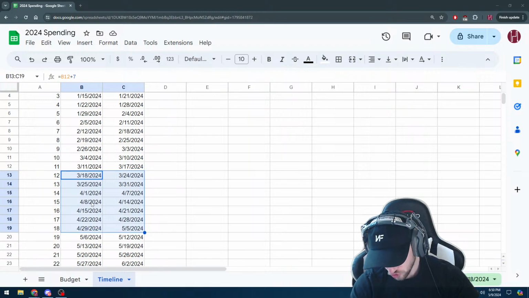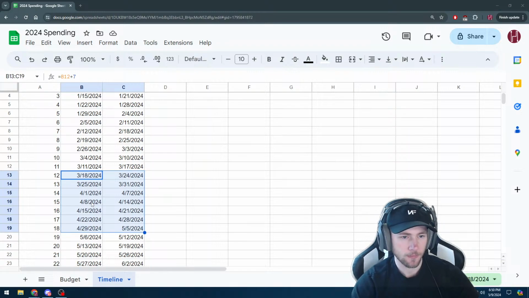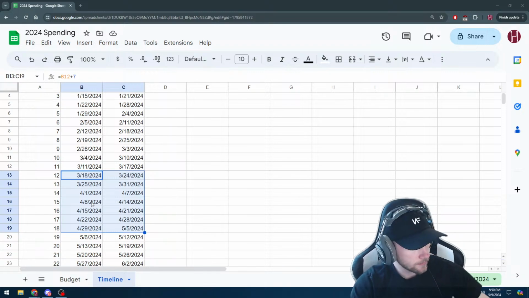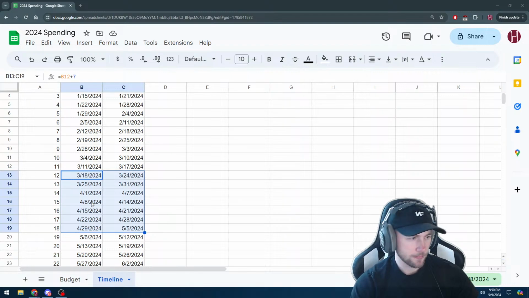Walgreens. What are we looking at here? 4/6, 14. This is kind of the boring part, so sorry about that.